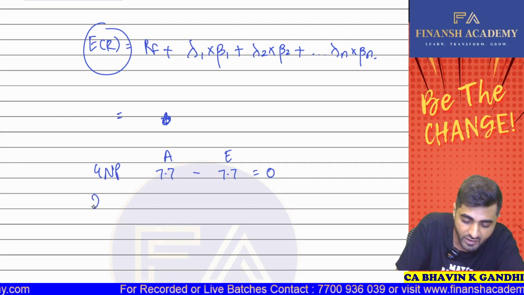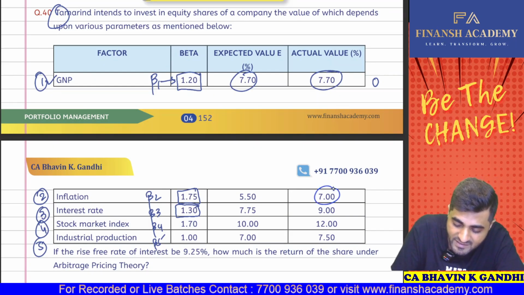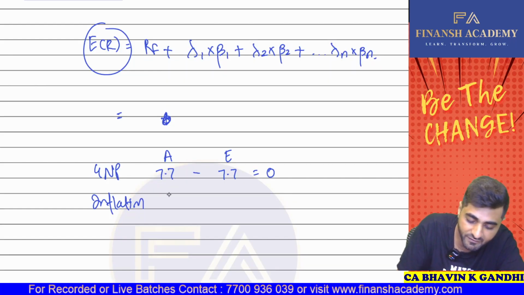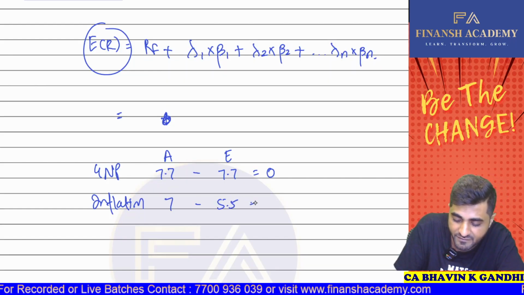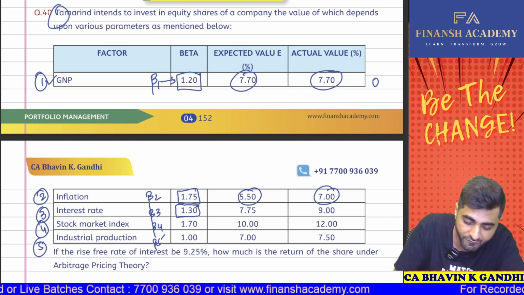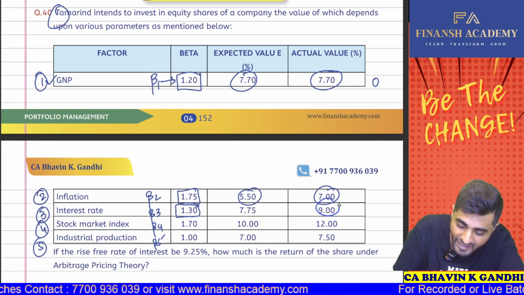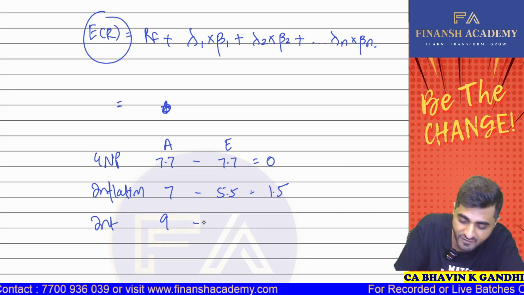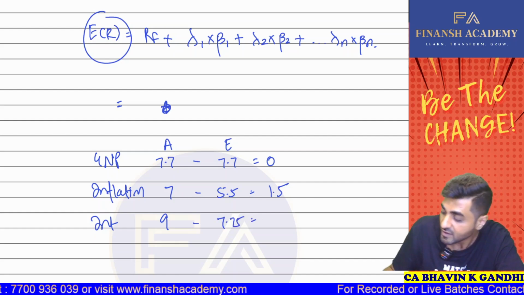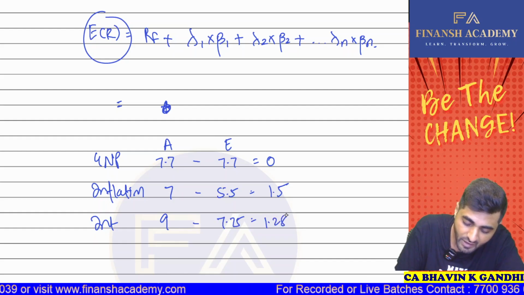It is inflation. Now in inflation, you all can check what's the actual. The actual is 7 and expected is 5.5. So 7 minus 5.5, so the risk premium is 1.5. Okay. Then for your interest rate, similarly, we'll be taking 9 and this is 7.75. 9 minus 7.75, so that will be 1.25.